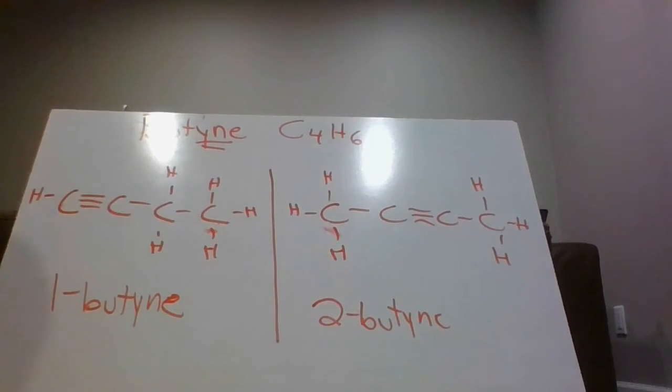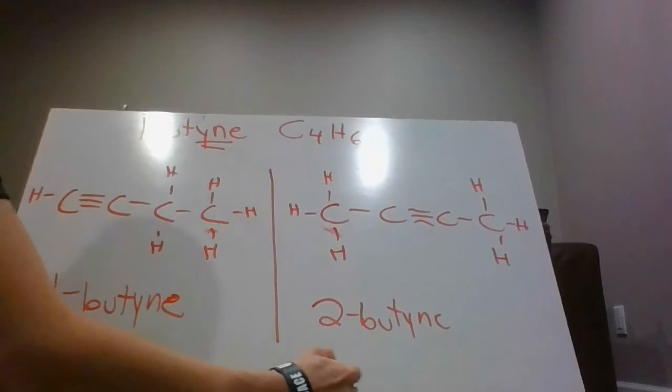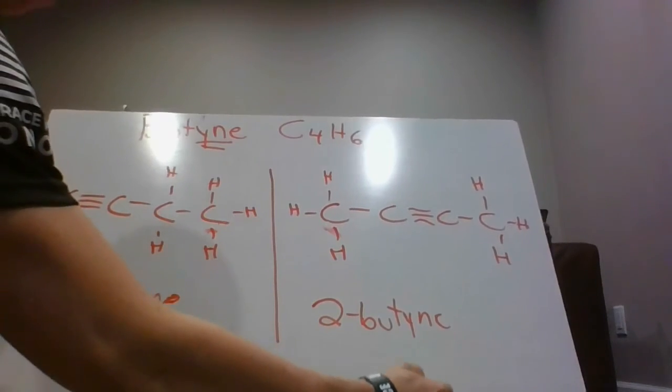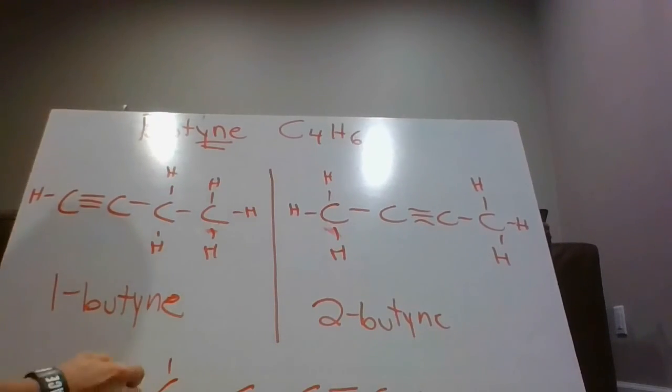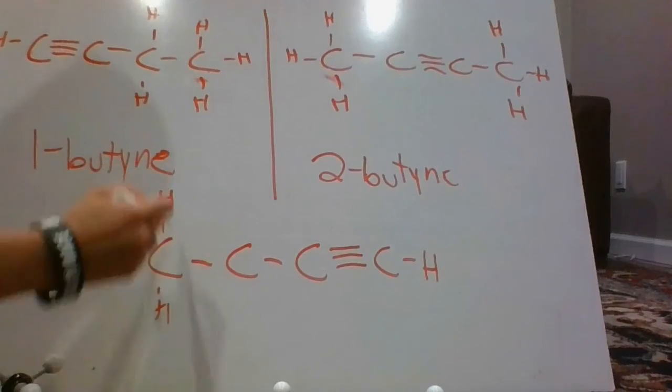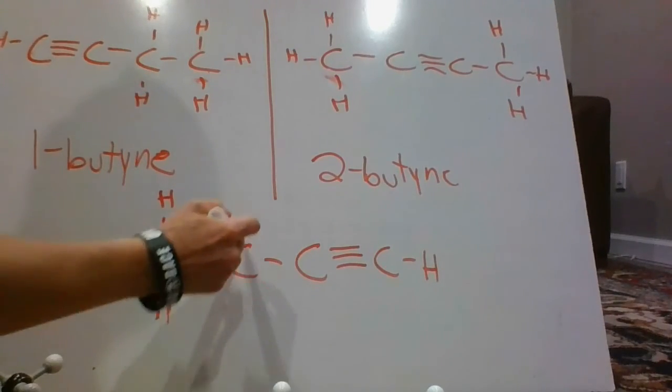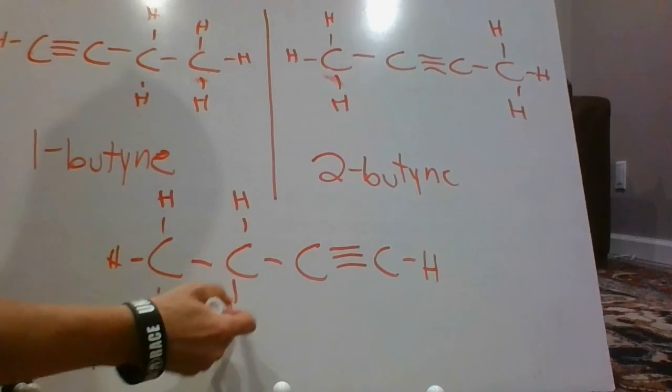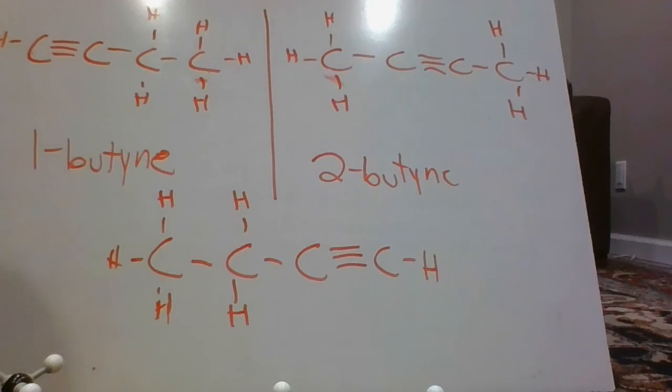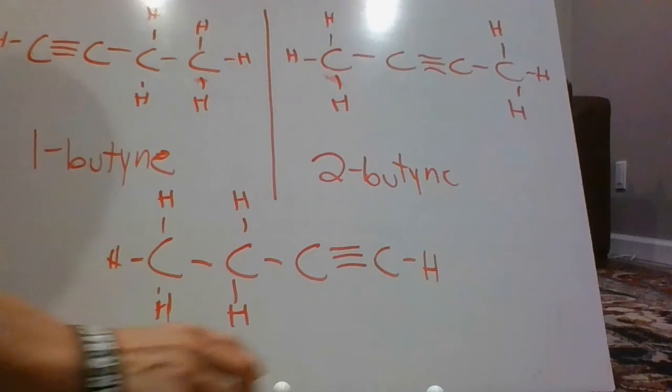You may argue that you could put the position of that triple bond in the third position, between the third and fourth carbon. If you did that, you would get the following structure, which really is just the mirror image of that structure.